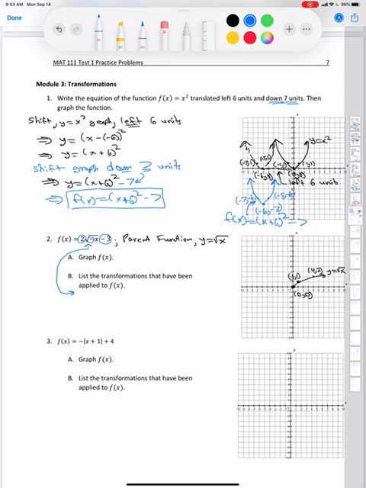So the negative inside here causes my graph to reflect. So we're going to reflect the graph of y equals square root of x, which we already have graphed over here to the side. We're going to reflect it about the y-axis.